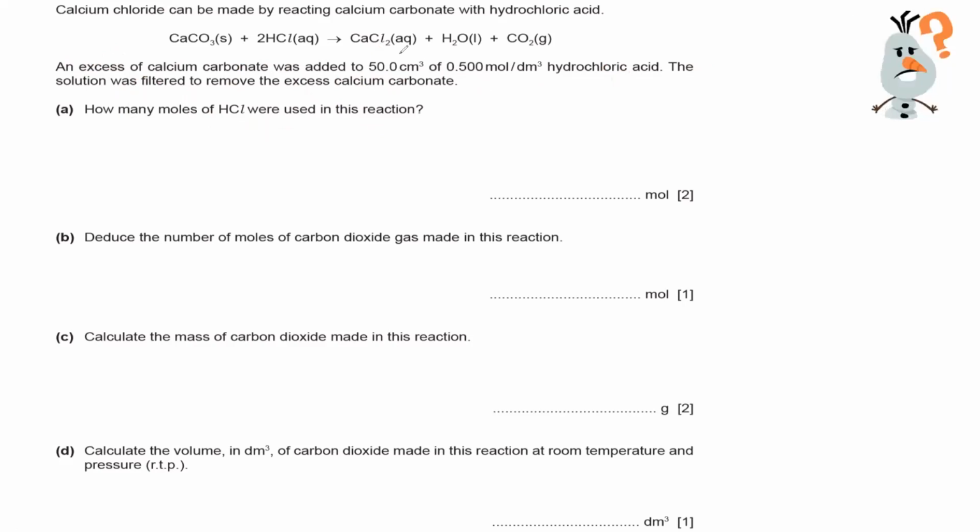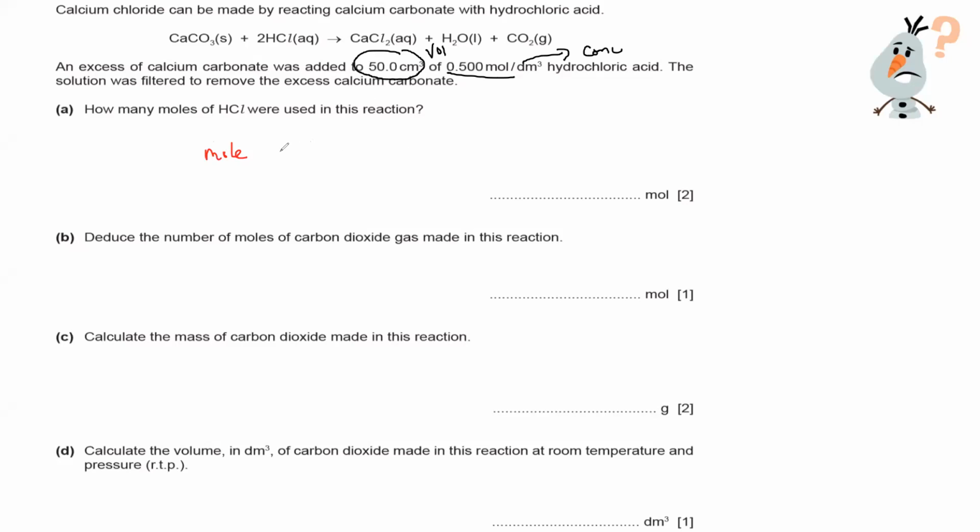So I have the volume and I have the concentration. So what should I use to get the moles? Ratio or formula? We'll use a formula, but which formula will we use to get the moles?